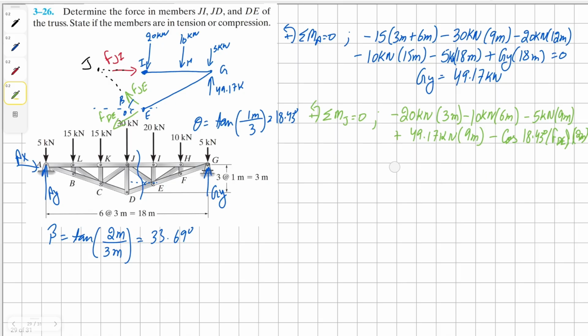So this is going to be positive sine 18.43 degrees times force member DE and times the distance away, and in this case it's going to be 3 meters, all equals to 0.